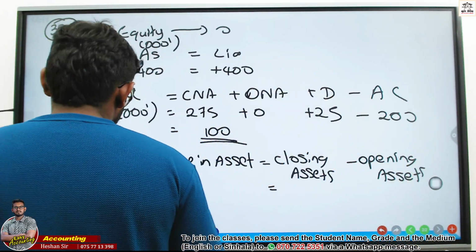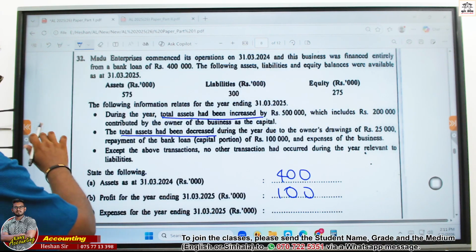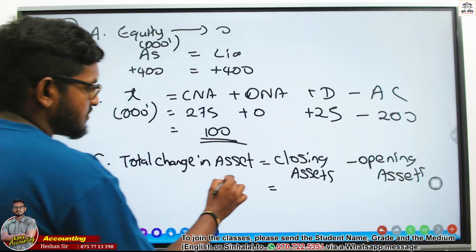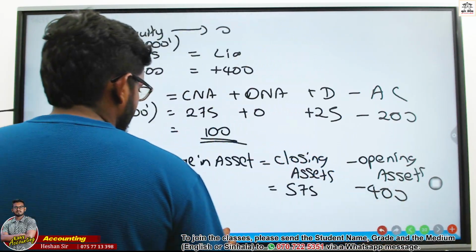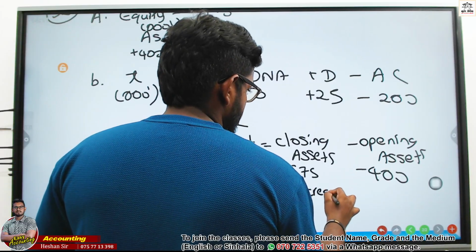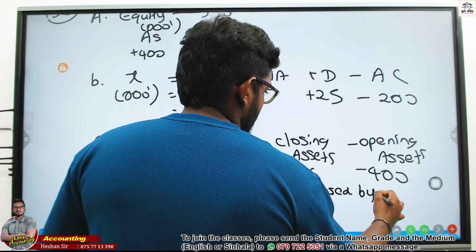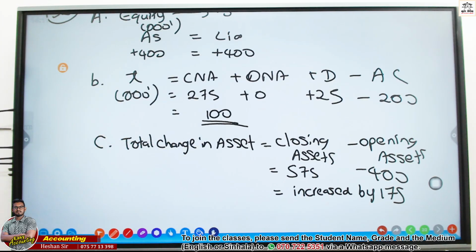Now can you tell me how much the closing assets? Closing date assets is 575, opening date assets are 400, right? So 575 minus 400, කියකින් වැඩි වෙලා තියෙනවා? Asset increased by how much? 175, asset increase වෙලා තියෙනවා 175, right?